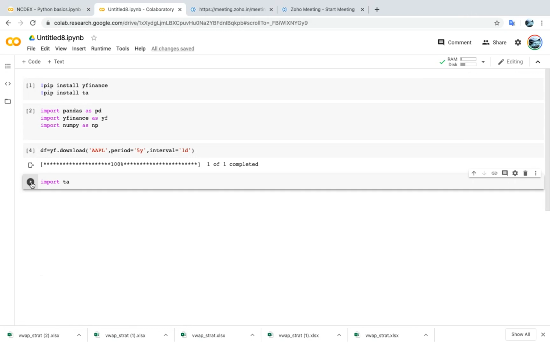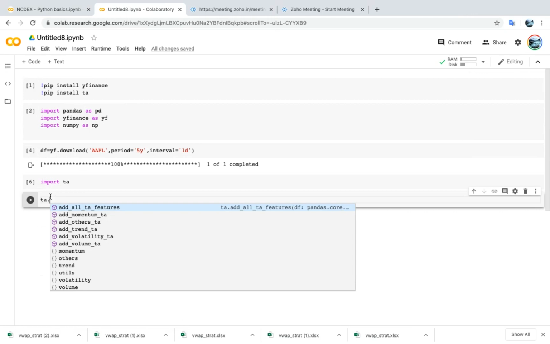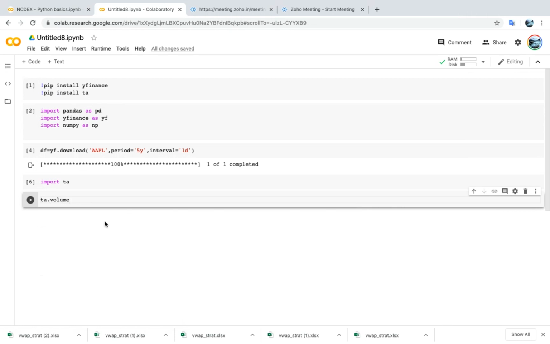TA is the Technical Analysis library. So TA dot. It has so many functions. We need to see whether anything is required or applicable for us or not. So there's something related to volume.